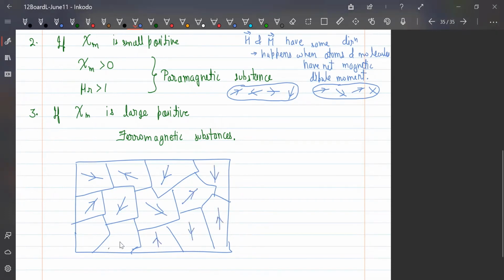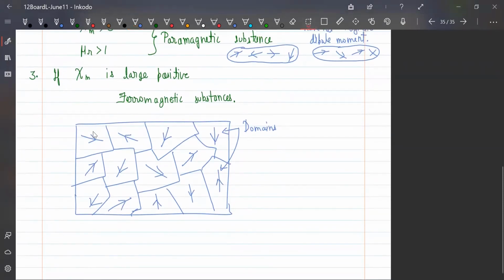But just as you keep it in a magnetic field, these are all domains. So domains are small packets of regions where there are many atoms or molecules with unpaired electrons.